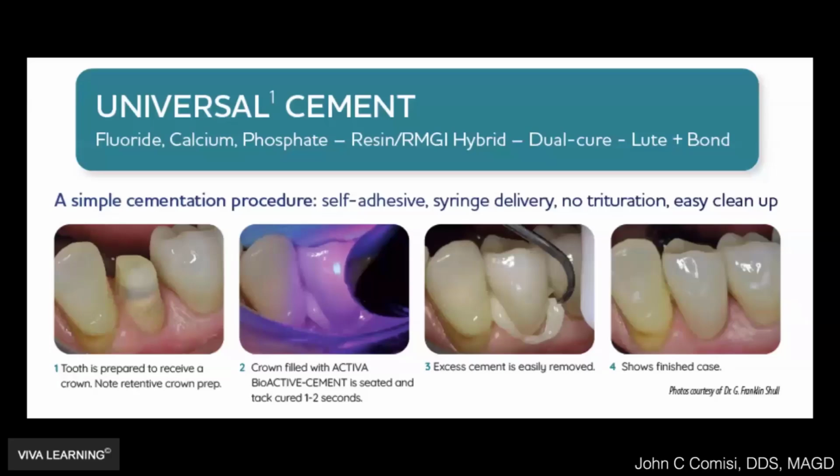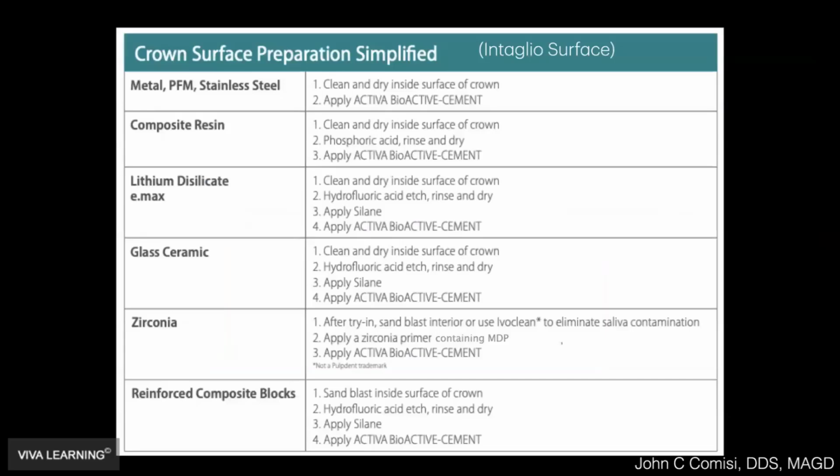It's dual cured, so it's going to give you a nice overall benefit as you begin to work with this material. And again, we found this overall to work; I'll show you one of my clinical cases in just a minute. This is from my good friend Frankie Scholl, who showed this aspect. The intaglio surface of your crowns is very important to understand for your gold, for PFMs, for stainless steel.